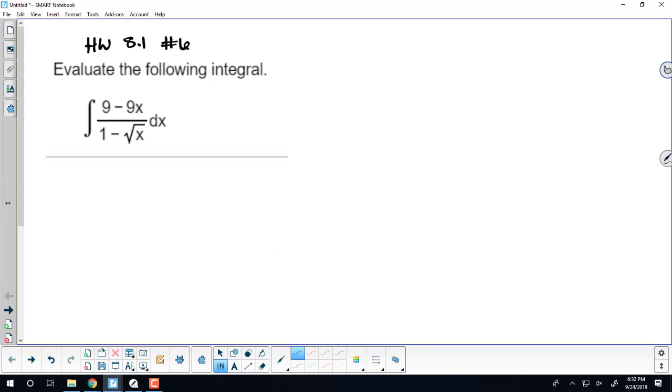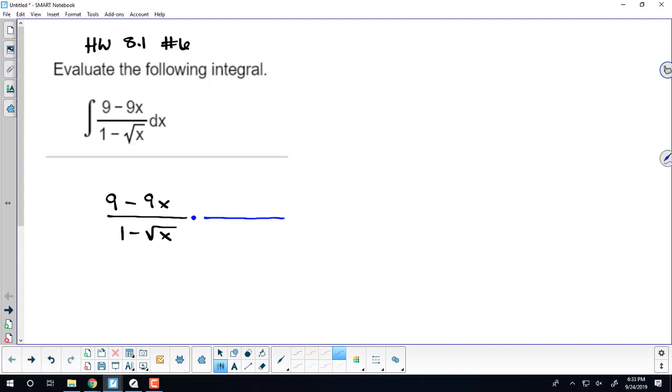All right, so any ideas on how to handle that? Multiply by a form of 1. What would that be? So you're saying we should take this and multiply it by something that'll get rid of the radical in the bottom? Okay, so what would that be?